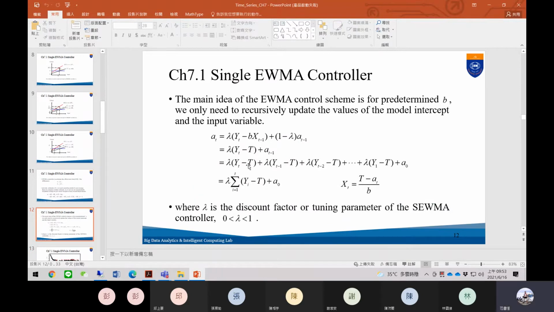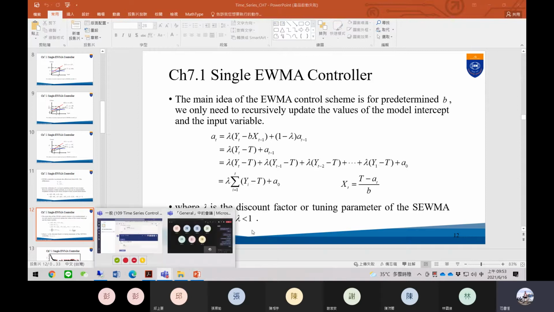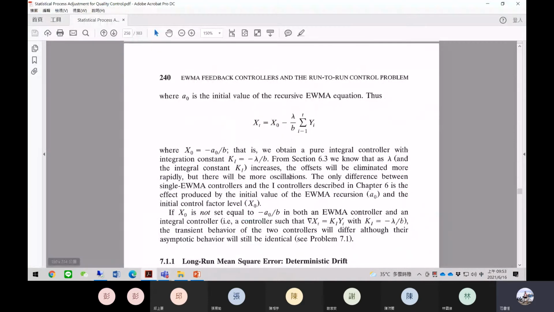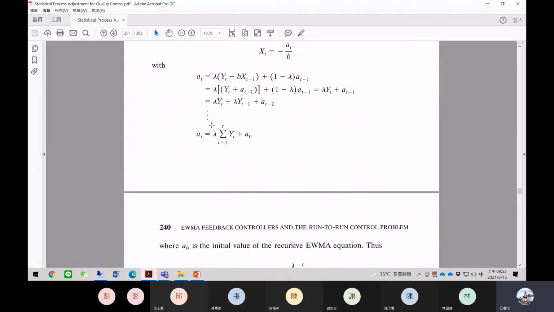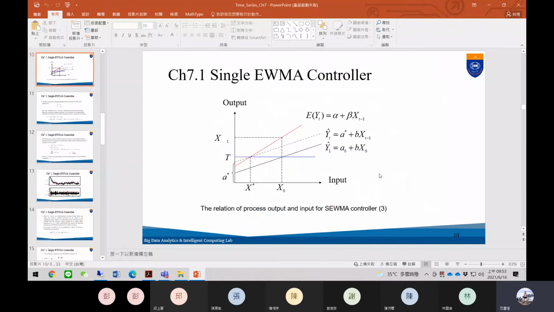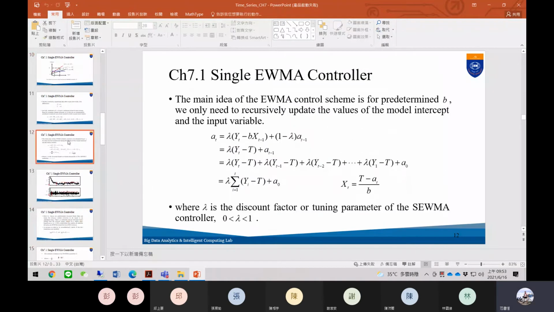This is AT minus 1, AT minus 2, AT minus 3, down to A1, A0. That's why we can represent the whole thing in terms of that, into an I controller. We've done this.